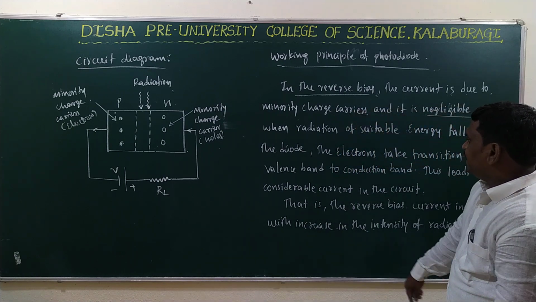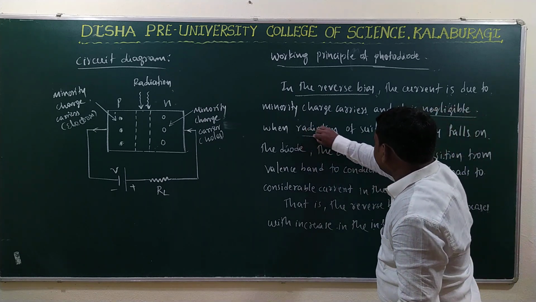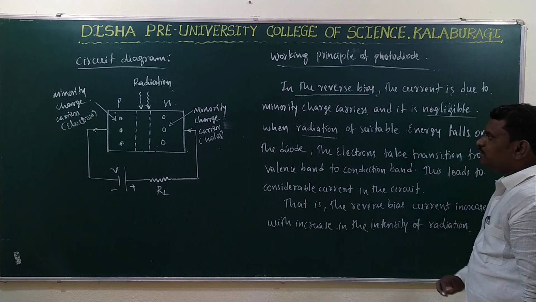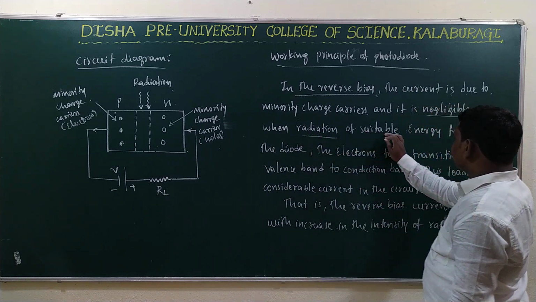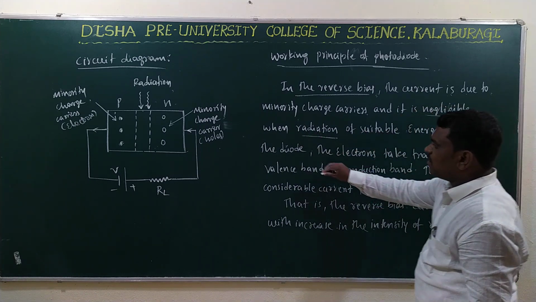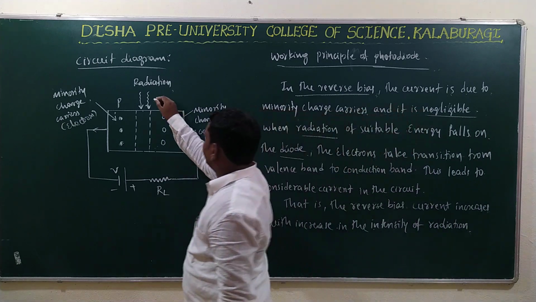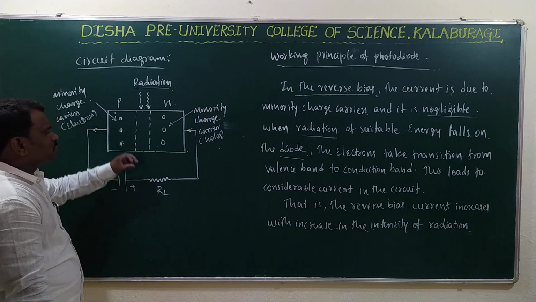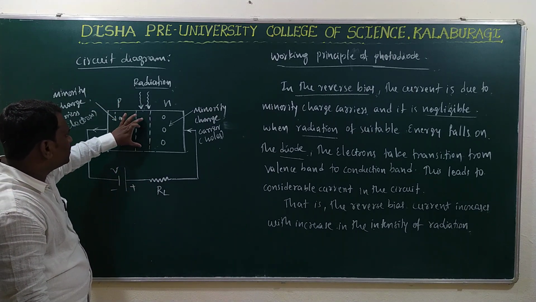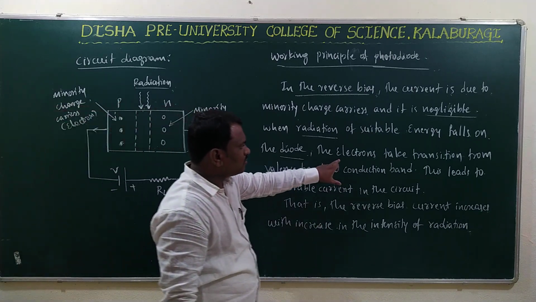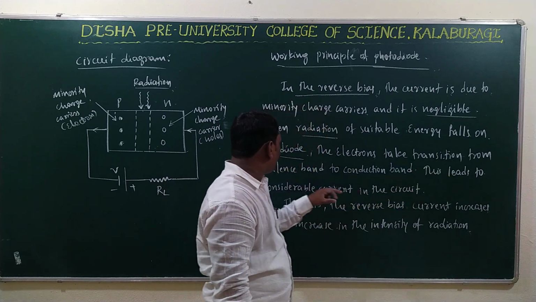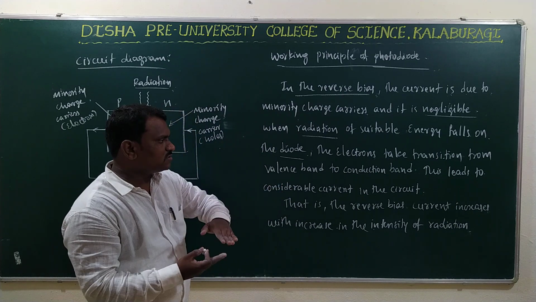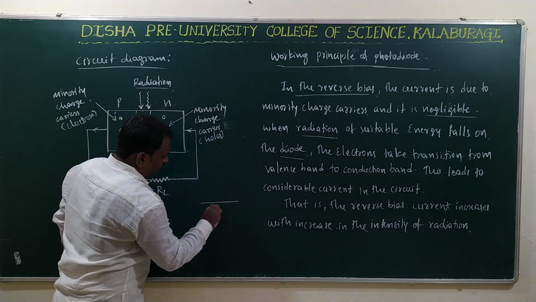Okay. Next, when radiation of suitable energy falls on the diode, the electrons take a transition from the valence band to the conduction band, right?